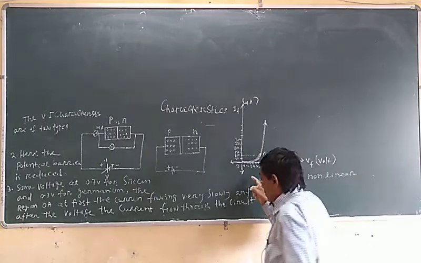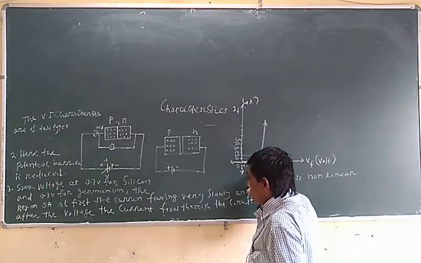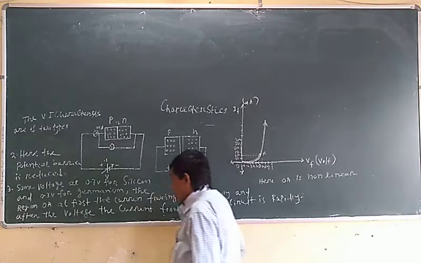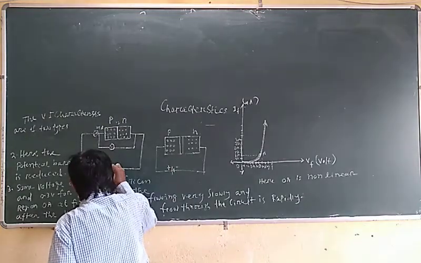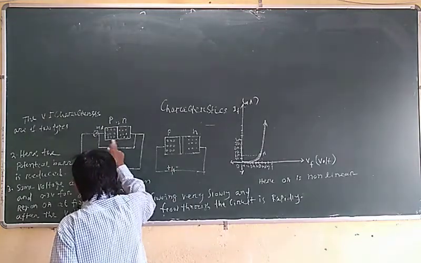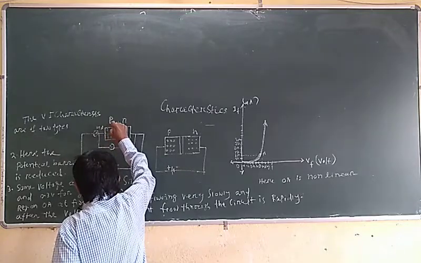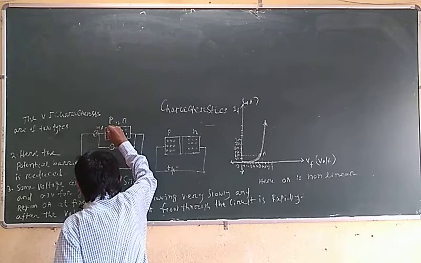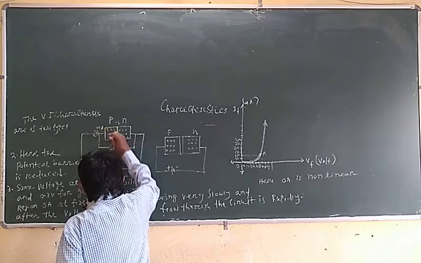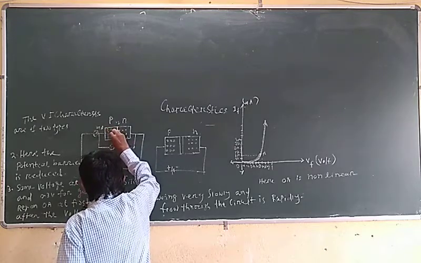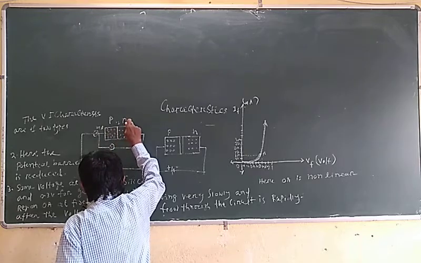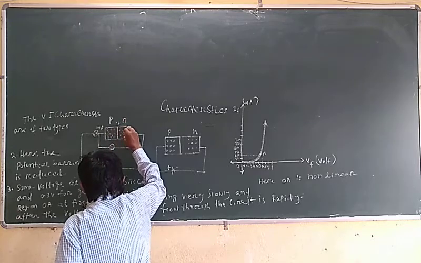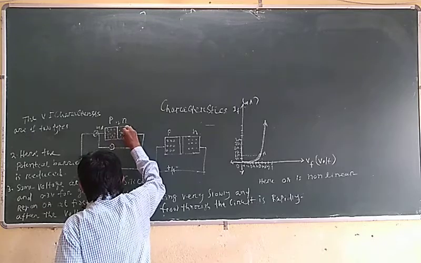This is the forward biasing curve. Another thing, the P-type material contains a certain amount of free electrons, and the N material contains a certain amount of holes.